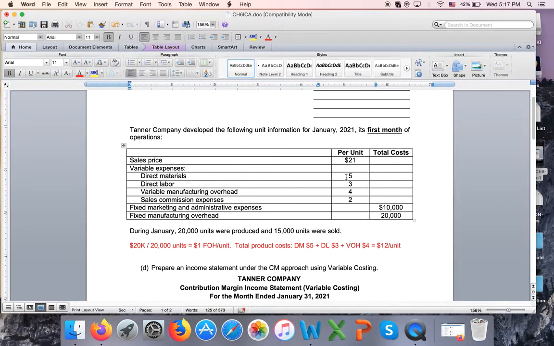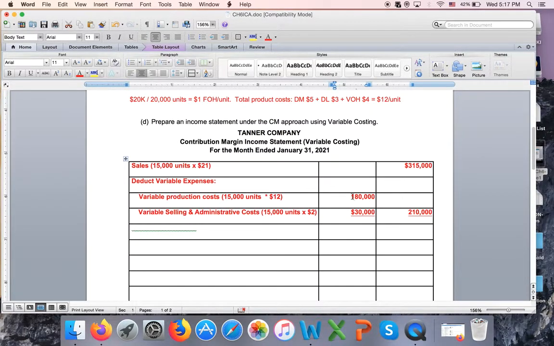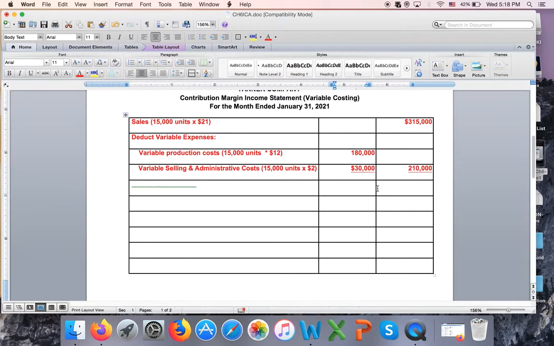Remember these three, the $12: direct materials, direct labor, variable overhead. We don't put fixed overhead here. So $12 times 15,000 units. We have variable operating costs, or selling and administrative costs: 15,000 units at $2, $30,000. So my contribution margin now is sales of 315,000 minus 210,000 of variable costs equals contribution margin of 105,000.